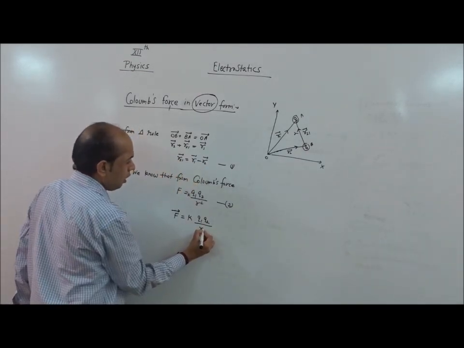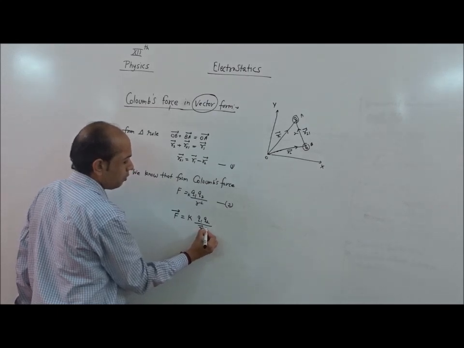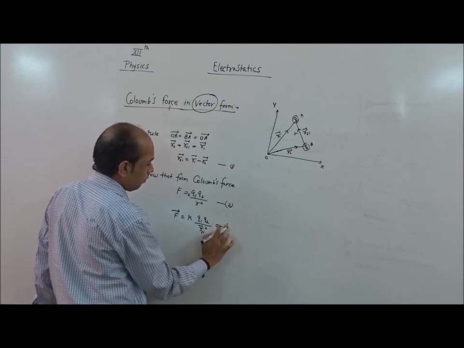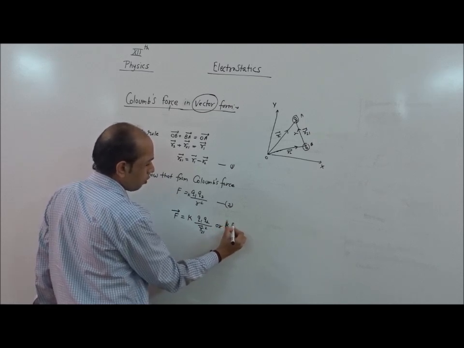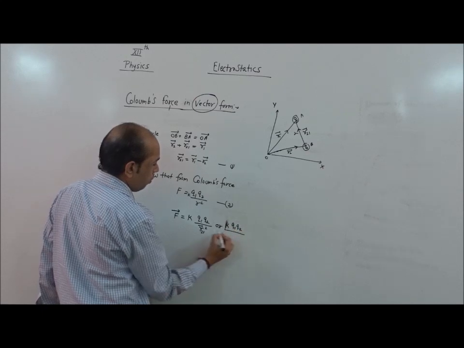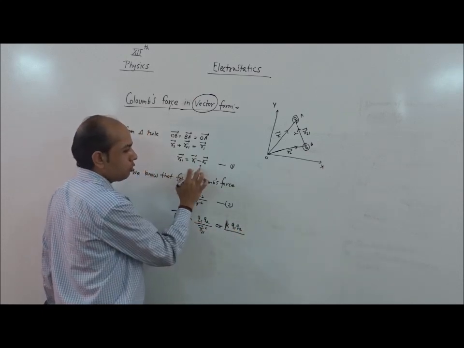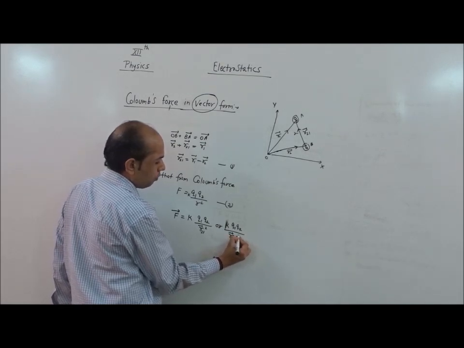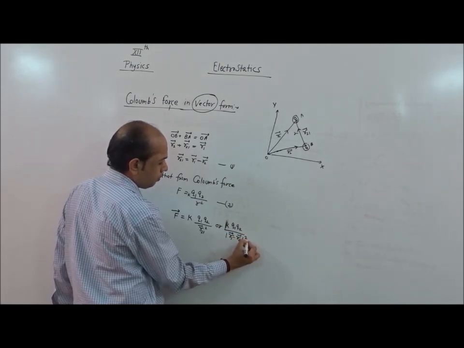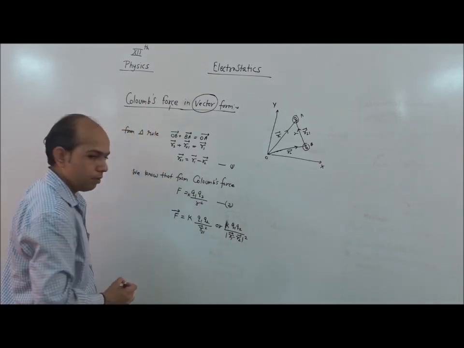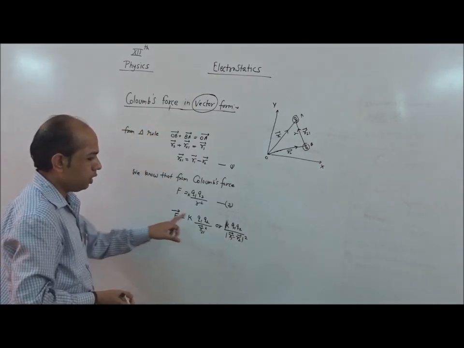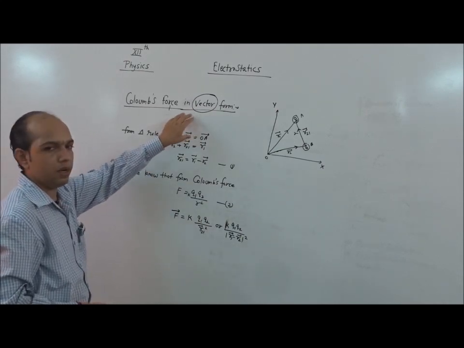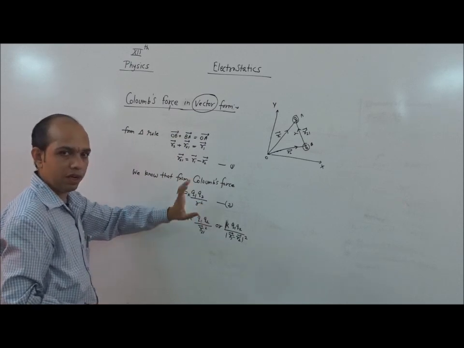So this is R21 vector with square, or we may also write K Q1 Q2 upon R1 minus R2 with square. Now this represents only magnitude.